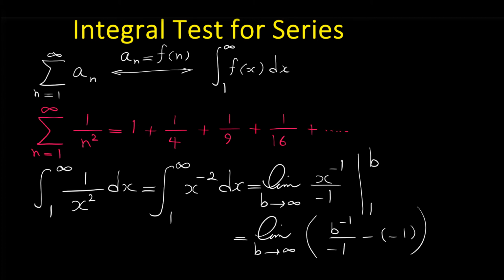Note that b to the -1 is 1 over b. And because b approaches infinity in this limit, 1 over infinity approaches 0. And so the limit of b to the -1 over -1 is 0. 0 minus -1 equals 1.